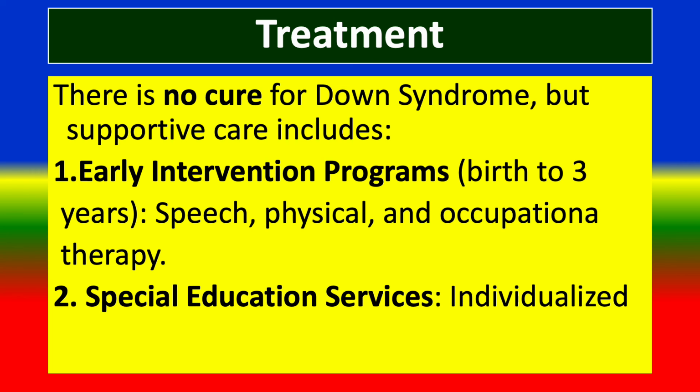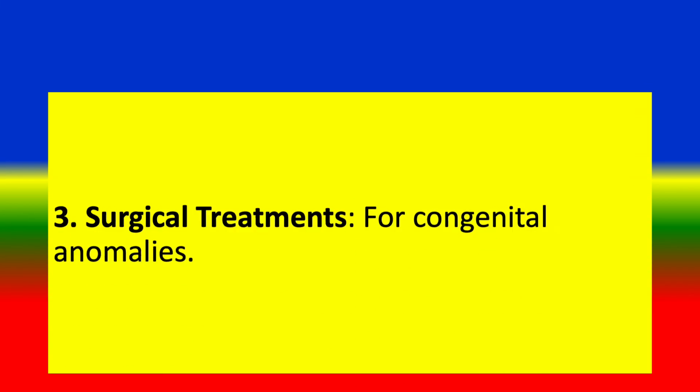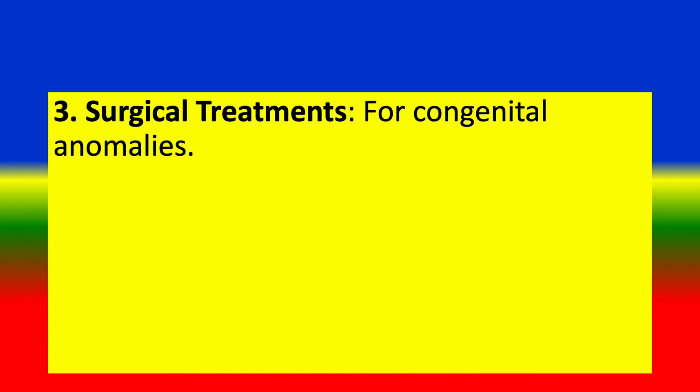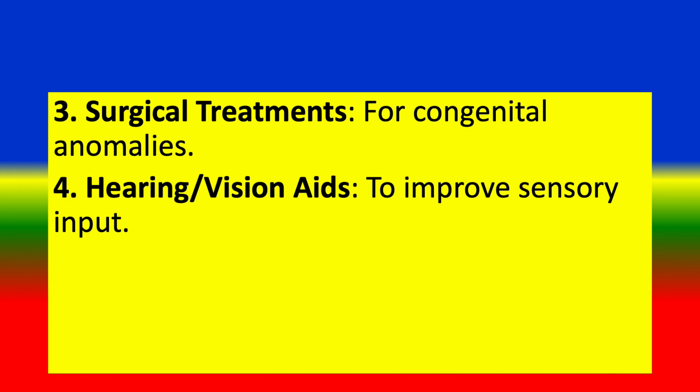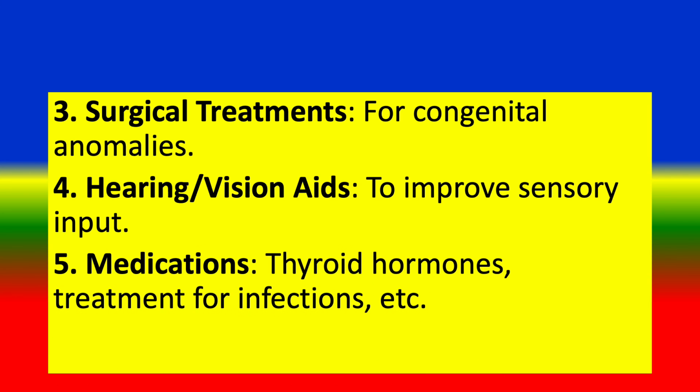Special education services, individualized education plan, IEP. 3. Surgical treatments for congenital anomalies. 4. Hearing or vision aids to improve sensory input. 5. Medication, thyroid hormones, treatment for infection, etc.